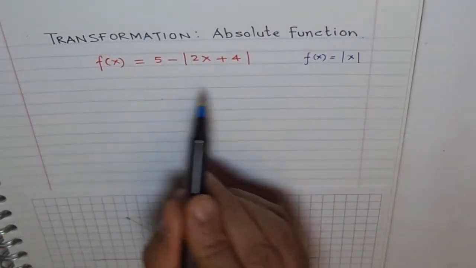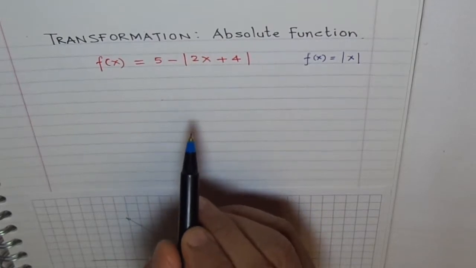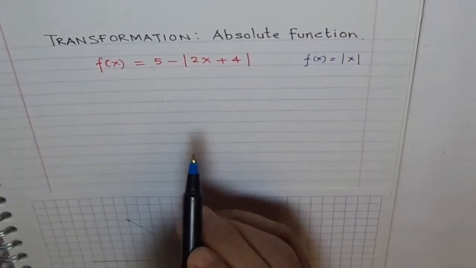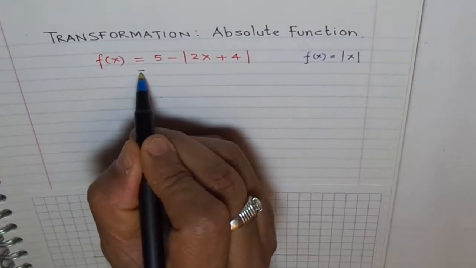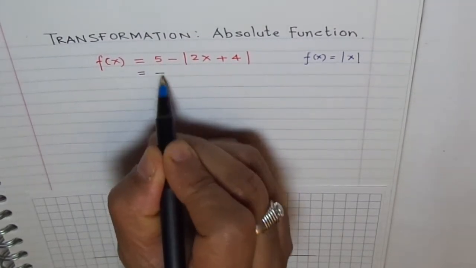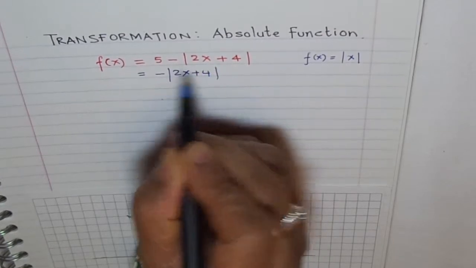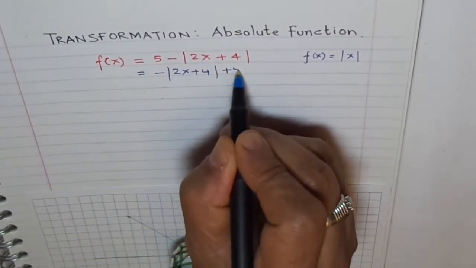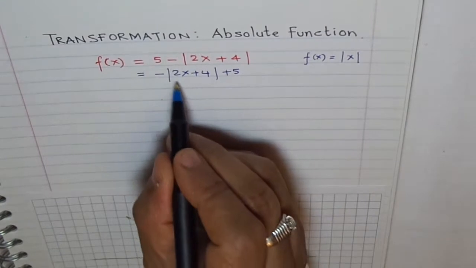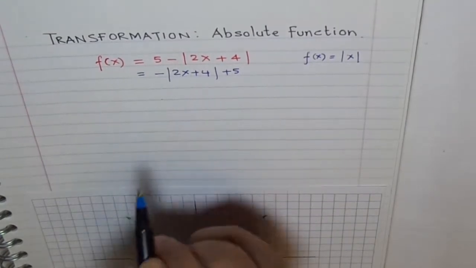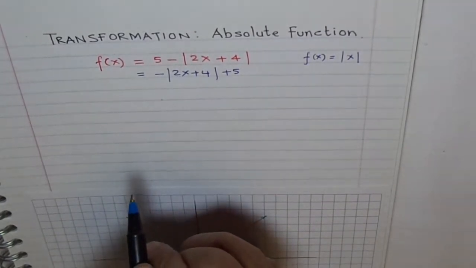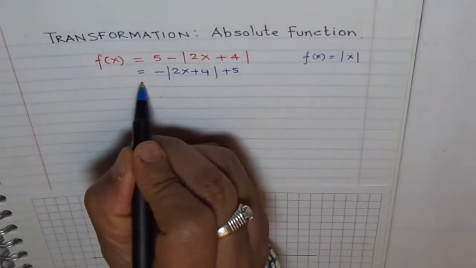Always, if you get a mixed up function like this, write it in the most familiar form. Familiar form for me will be, I'll bring this first: minus absolute of 2x plus 4, and this is plus 5. Now, inside, the coefficient of x should always be 1. If not, you have to factor that out, okay?